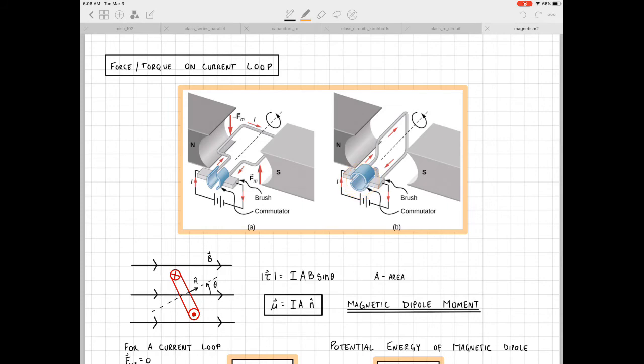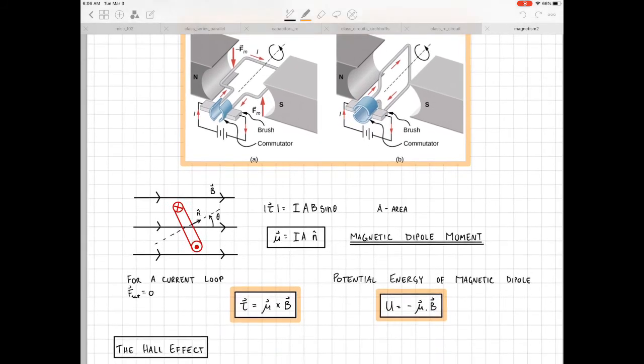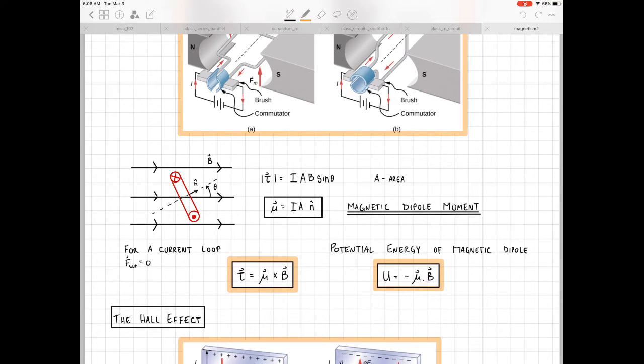essentially generating your desired effect. So we're going to look at our loop here, and we're going to look at it from the side. So now we're tilting that view that we were just looking at. So we've got our magnetic field pointing from left to right, and we've got our loop of wire, and we want to investigate the torque that the loop is experiencing being placed in this magnetic field.